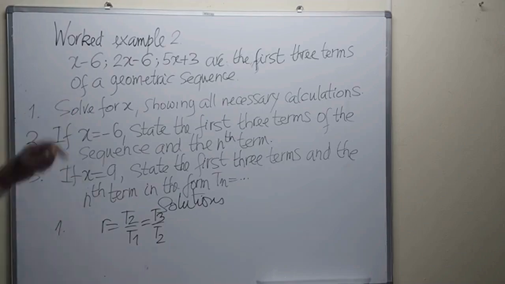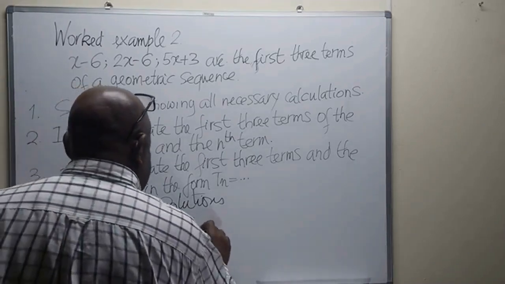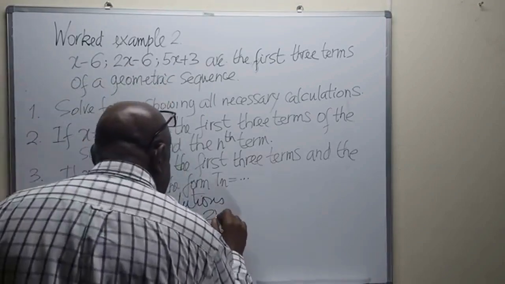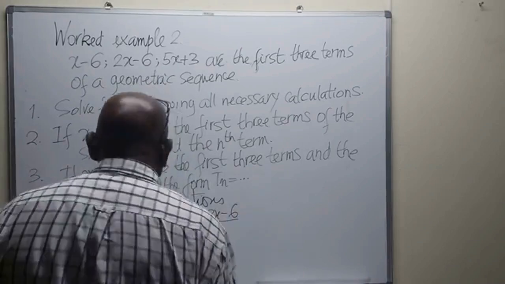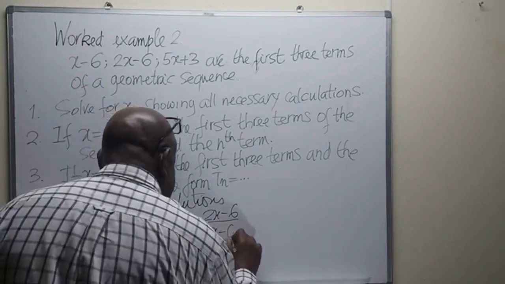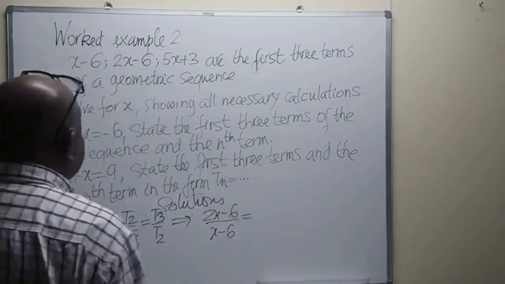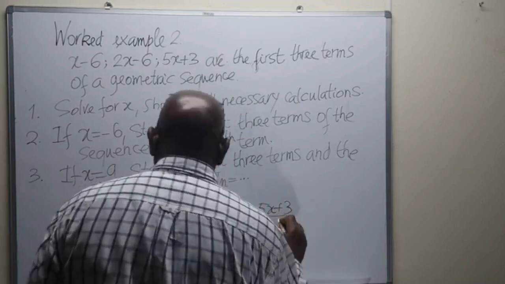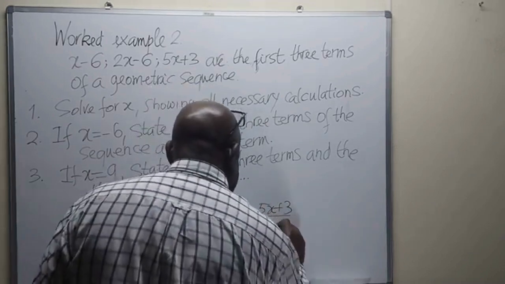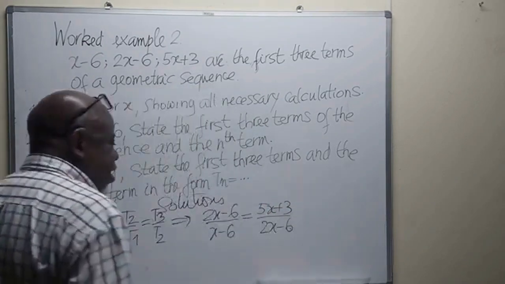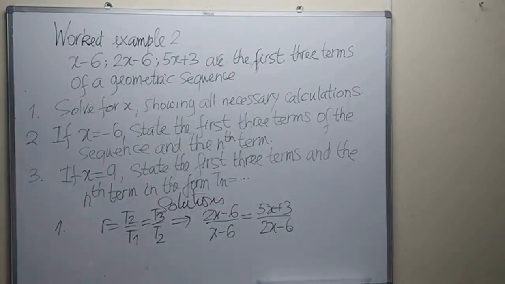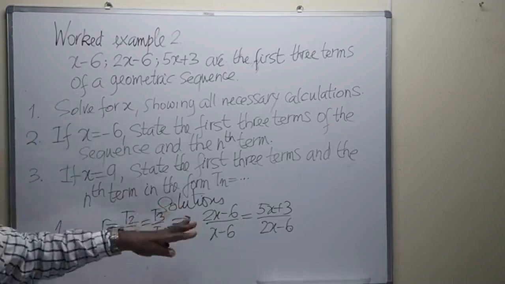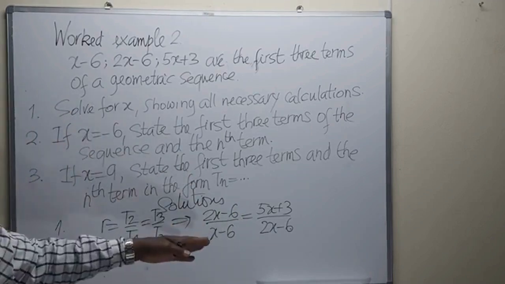I'm going to replace, so we'll be having that T2, 2x minus 6 over x minus 6 will be equal to T3, 5x plus 3 over T2, and that is 2x minus 6. I'm going to cross multiply in order for us to determine the value of x.